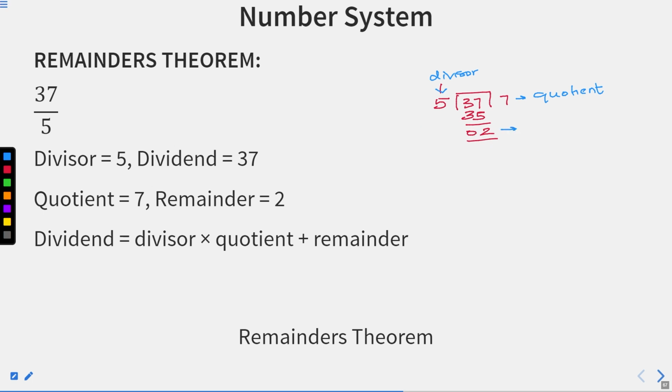This 2 is the remainder. And this 37 is the dividend. So now what we can say is 37 is equal to 5 times 7 plus 2. That's exactly what is written here. For any number that we are dividing, the dividend equals divisor times quotient plus remainder. That's the remainder theorem for you.